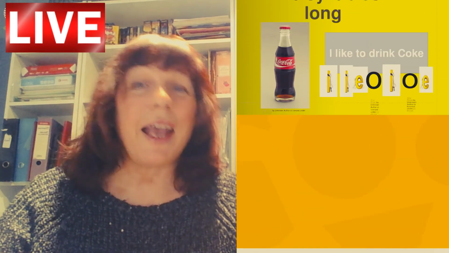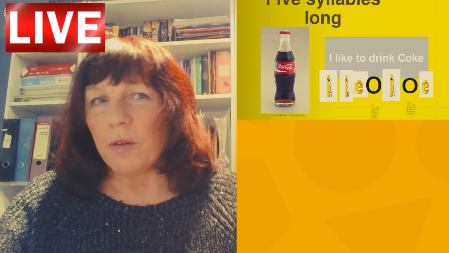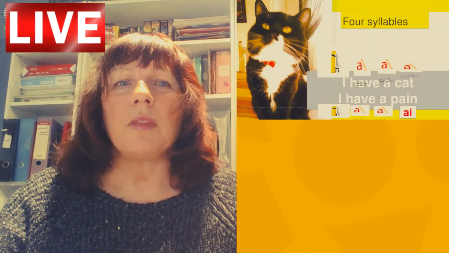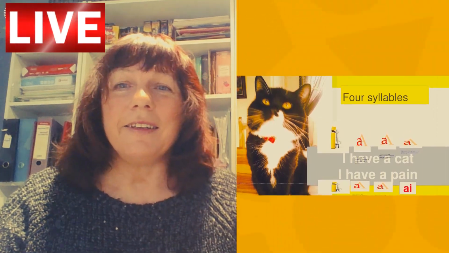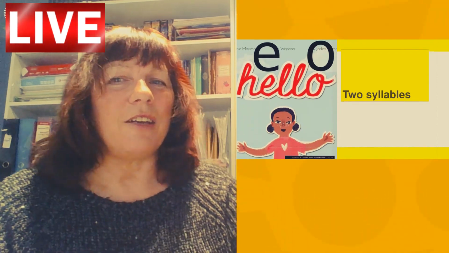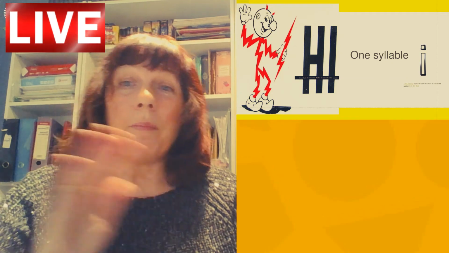You see me moving my head there to the beat. I like to drink Coke. I have a cat. I have a pain. I am Jane. Hello. And here we need to insert another word with 2 syllables, don't we? Goodbye. And for hi, 1 syllable, we can say bye.